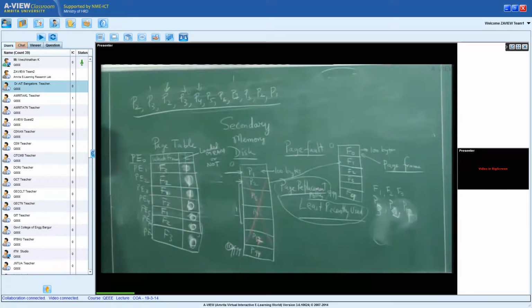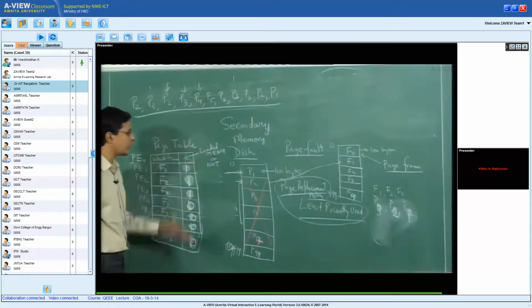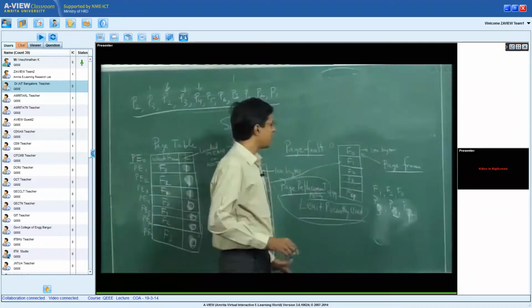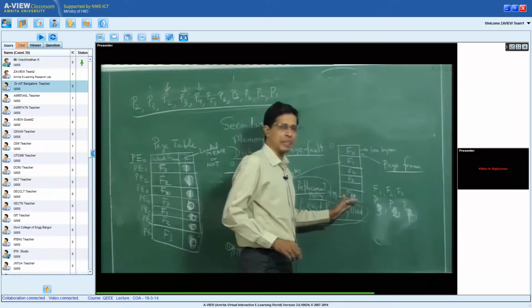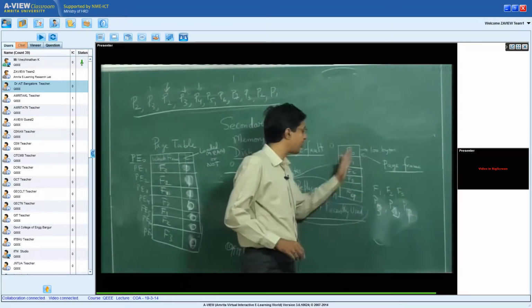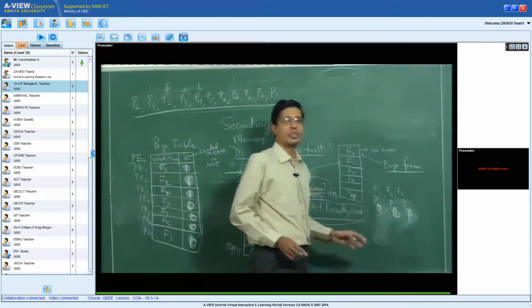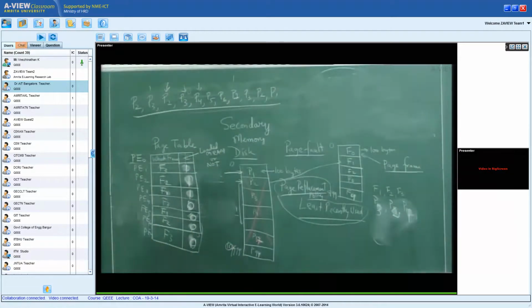The page table is managed like this, and this page table is also loaded into the main memory. As I told you, the operating system could not give all the pages to me. It only gave 3 page frames to me for execution, and I told you there should be some page frames that are necessary for the operating system.